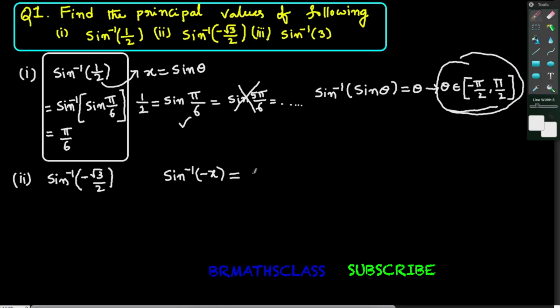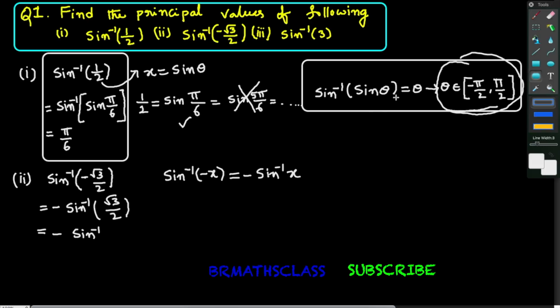In inverse trigonometric functions, in properties, we learned that sine inverse of minus x equals minus sine inverse x. So what will we write here? We will write minus sine inverse of root 3 by 2.